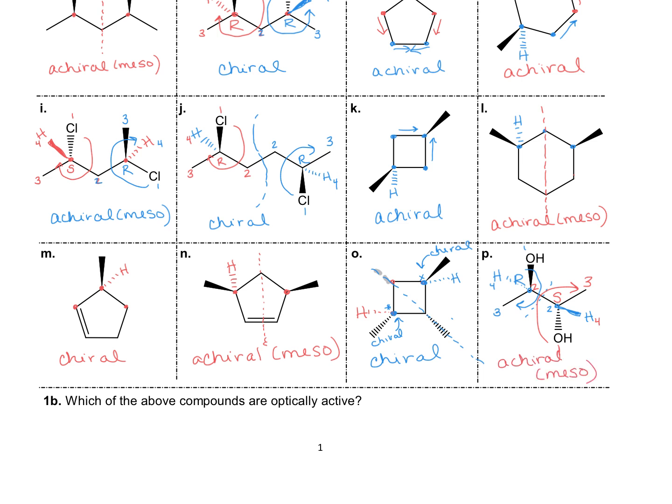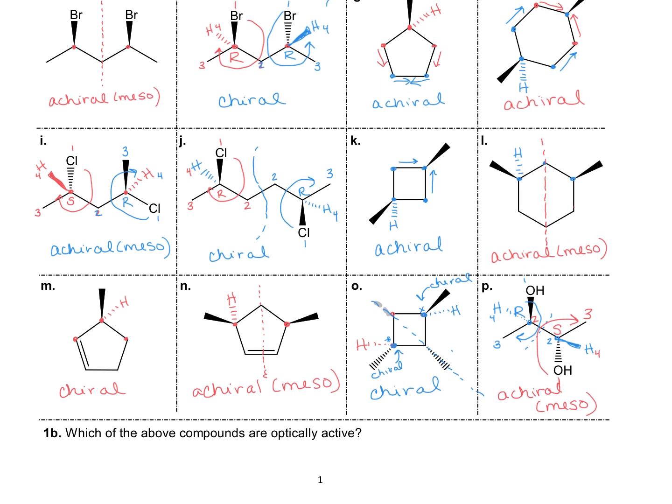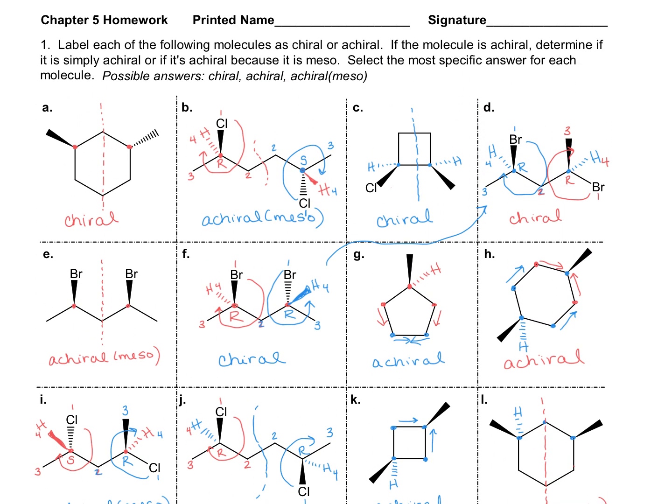So for the last part of this problem, it asks which of the above compounds are optically active. So remember, that means that they rotate light. So the only compounds that rotate light are chiral molecules. So we're going to go through this and identify all the chiral molecules we showed above. Okay, so above, we'll use the highlighter here. So we're looking for all the chiral molecules.